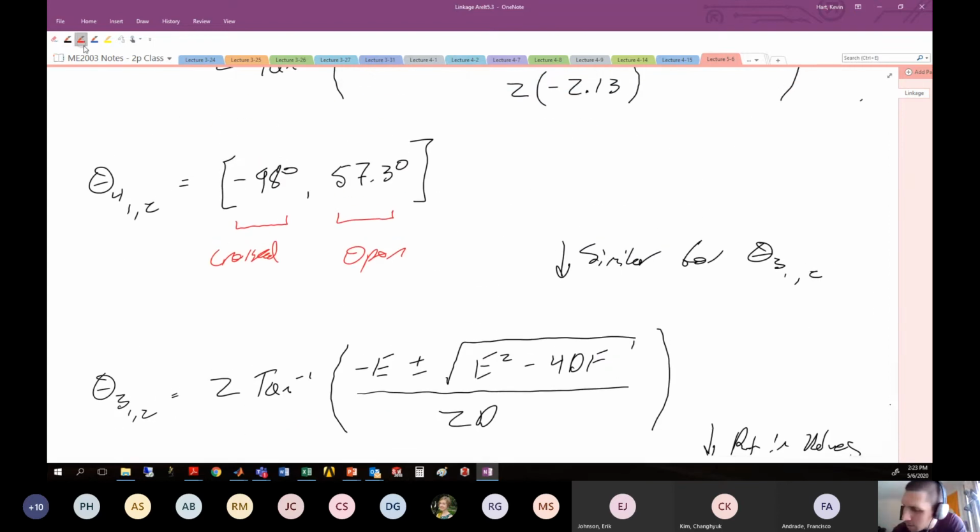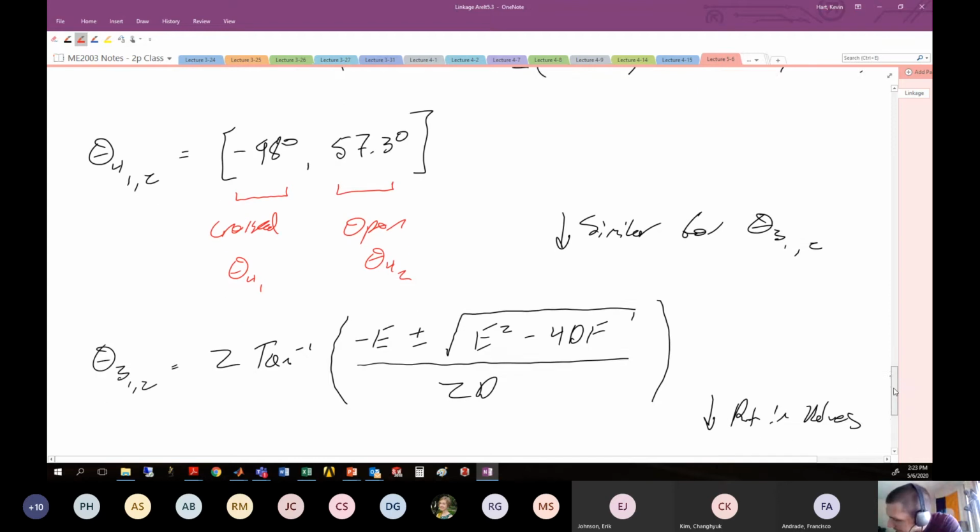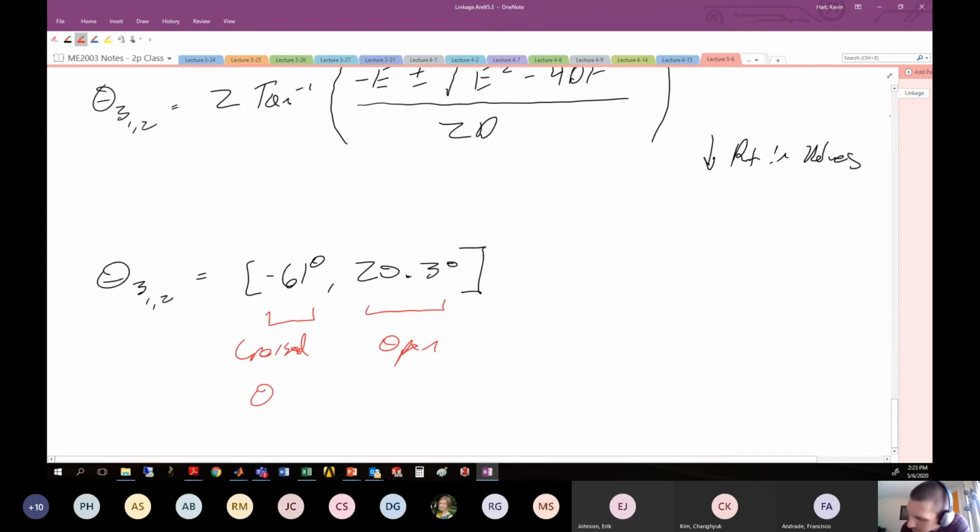So we'll go back up here and say the crossed value of negative 98 degrees is theta 4, 1. Here this open is theta 4, 2. Same thing down here. Crossed is theta 3, 1, and open is theta 3, 2. That's what we'll assign going forward as we move to the velocity analysis.